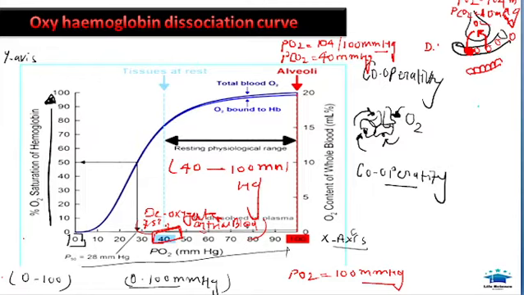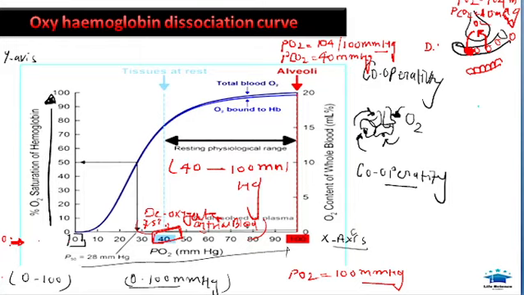If we talk about P50, what P50 denotes, I will tell you. P50 denotes the percent saturation of oxygen where 50% of the oxygen molecules are saturated with the hemoglobin.